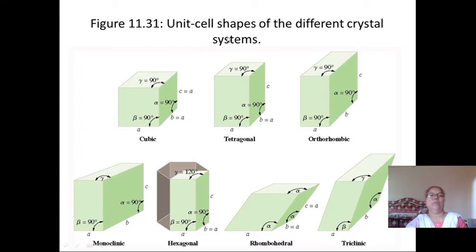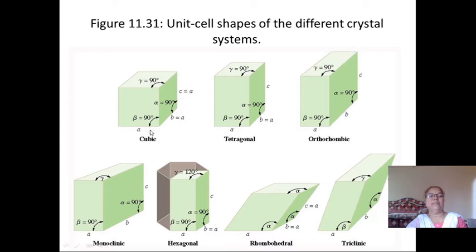Then the unit cell shapes of different crystal systems. In the case of cubic, there is a 90-degree angle between two faces. In the tetragonal structure, alpha is 90, beta is 90, and gamma is also 90.